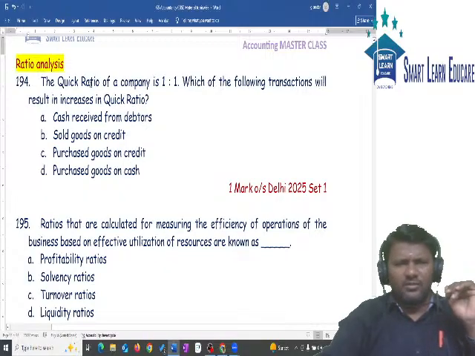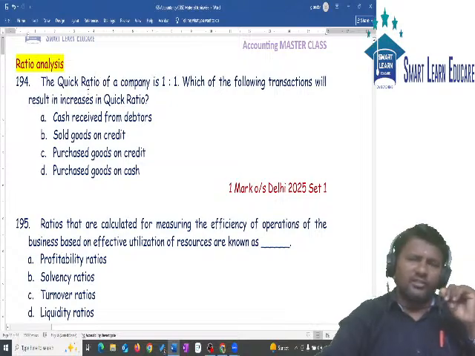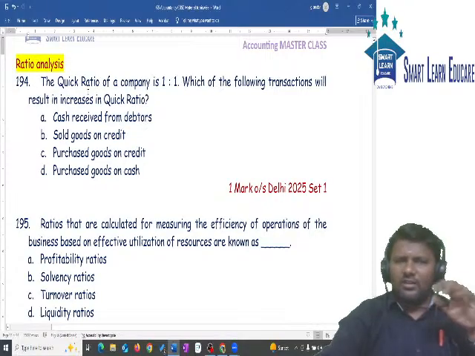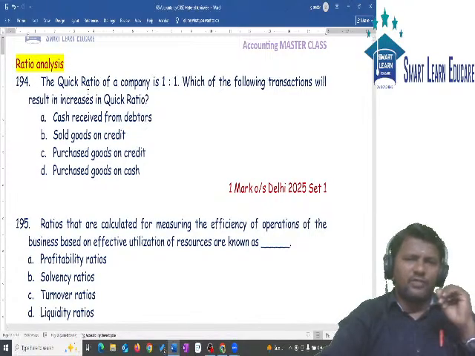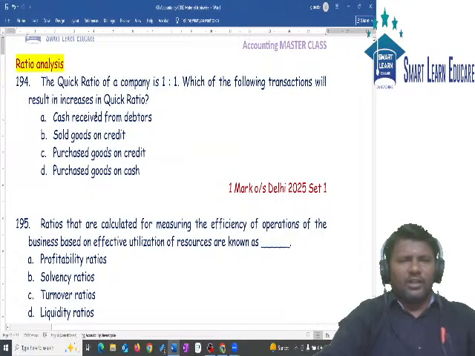It is not easy to tell only this question will come or this type of ratio will come. We have some quite important ratios that we will discuss along with MCQs. So we'll take up these ratios straight away for discussion. Ratio analysis.